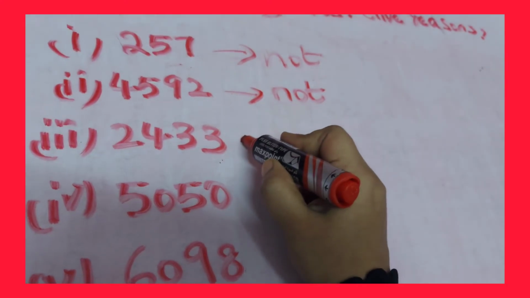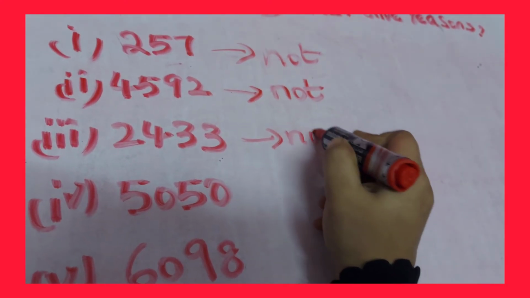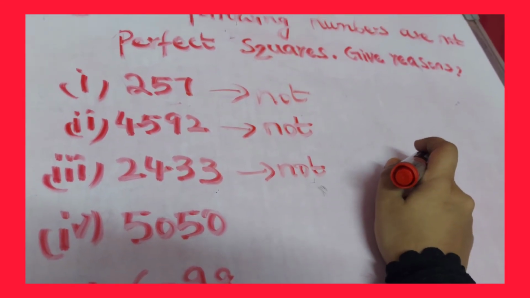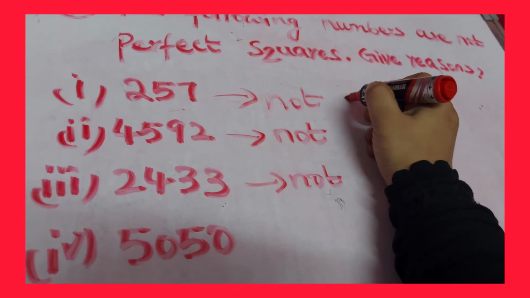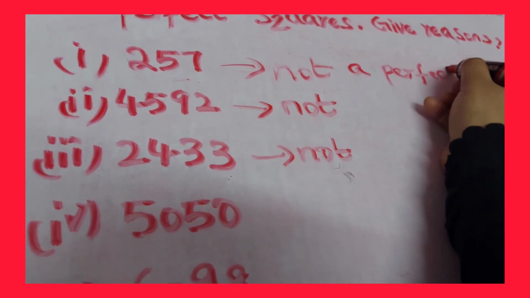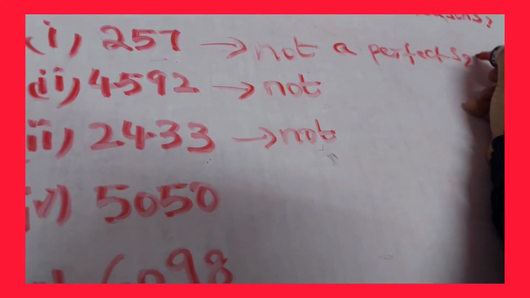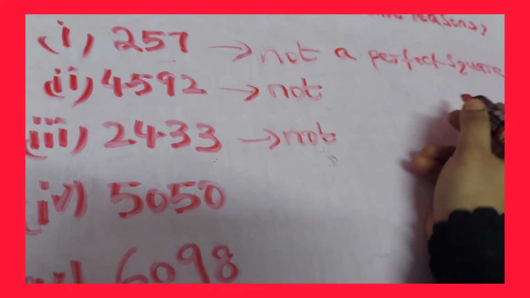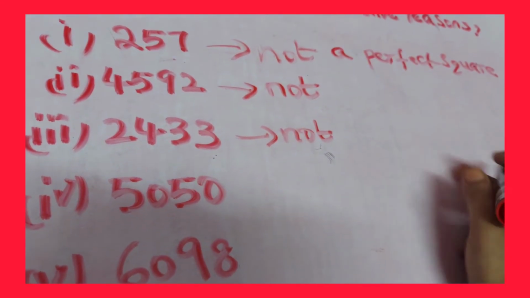For 3 it is also not a perfect square. Here also you write the same, not a perfect square.